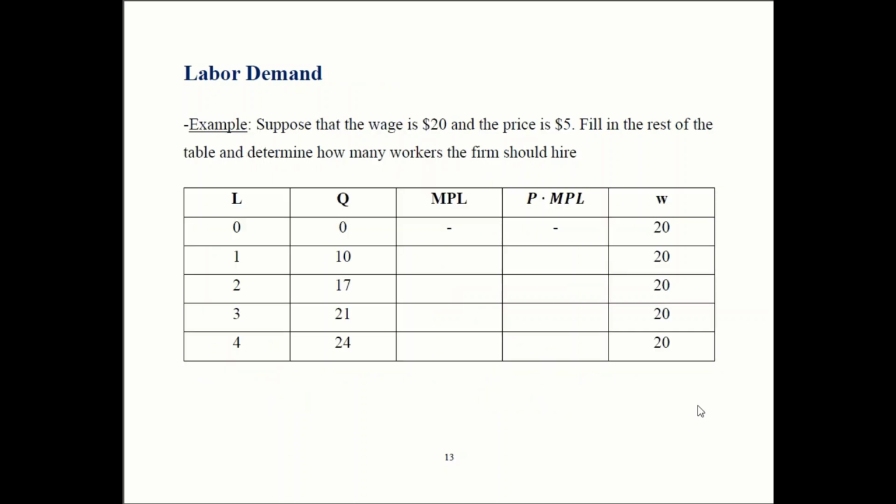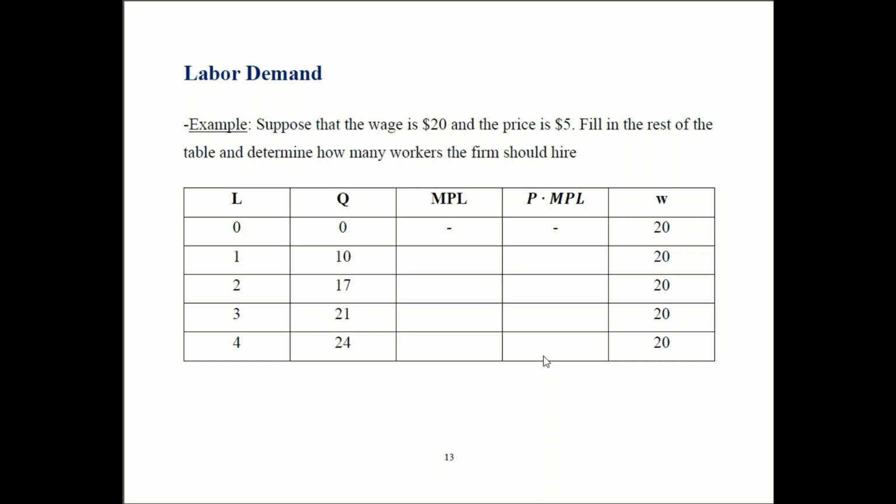Alright, I have an exercise for you guys. L is the number of workers. If you have no workers, you have no output. And Q is the quantity that your firm produces. The wage is going to be 20. Remember, if you have competitive markets, the firm is a price taker and cannot influence the wage. So it's going to be 20 no matter what. Your job is to fill in what's the marginal product of labor and also what is the value of the marginal product of labor.